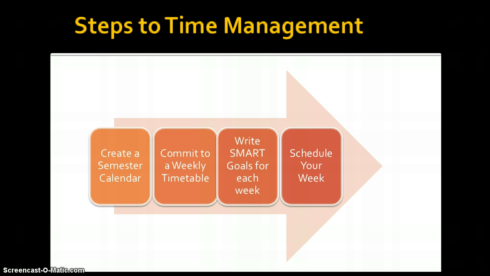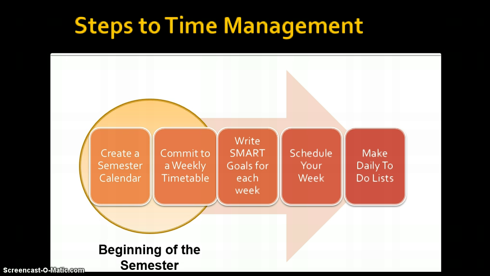Schedule your week, which means how are you going to spend the time that you have reserved for studying? Exactly what tasks are you going to do? And last, make daily to-do lists. These first two things, create the semester calendar and commit to a weekly timetable, are things you want to do at the very beginning of the semester that are going to set the tone of how you're going to spend your time during the semester.